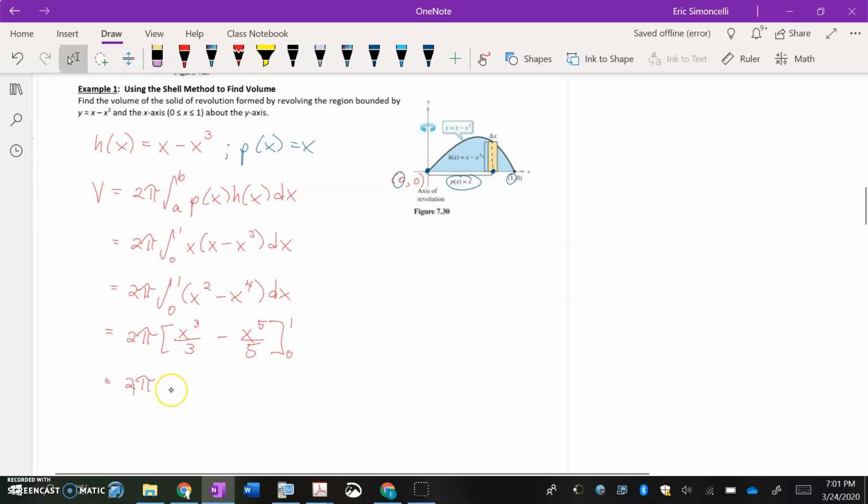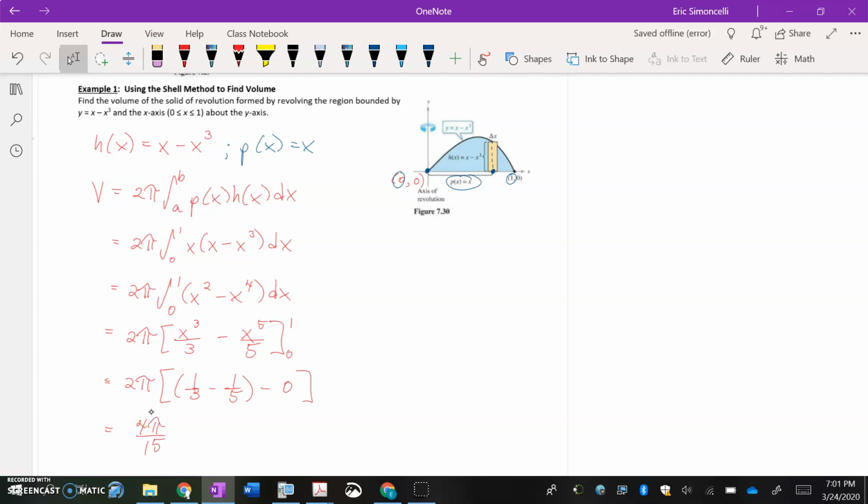We'll have 2 pi times 1/3 minus 1/5. And then if you plug in 0, well, that's 0 for both: 0 over 3 minus 0 over 5. You simplify that one more step, distributing the 2 pi, and you'll end up with 4 pi over 15.